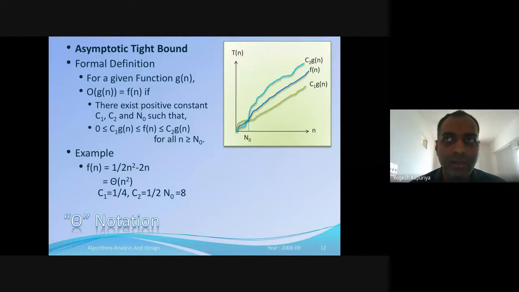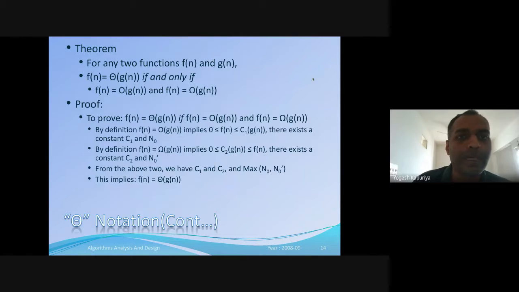And for the average case, we use theta notation. Average case time complexity can be represented by it, and that's why this notation was created. It basically gives you the tighter bound of a given function between some range of the function. Okay.